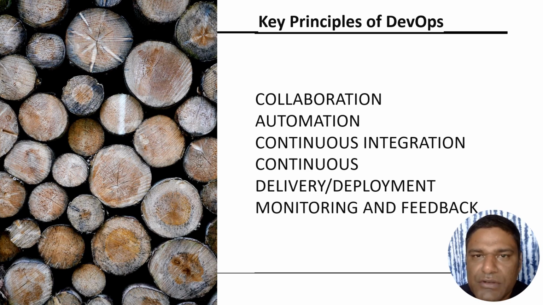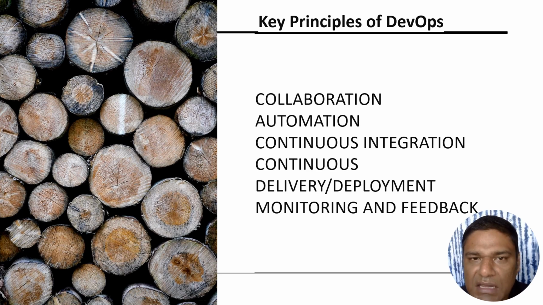Then comes continuous integration, which promotes integration of code changes frequently so that bugs could be detected early and we can get faster feedback about our code. Continuous delivery or deployment ensures that software is always in a deployable state, ready for release at any time.